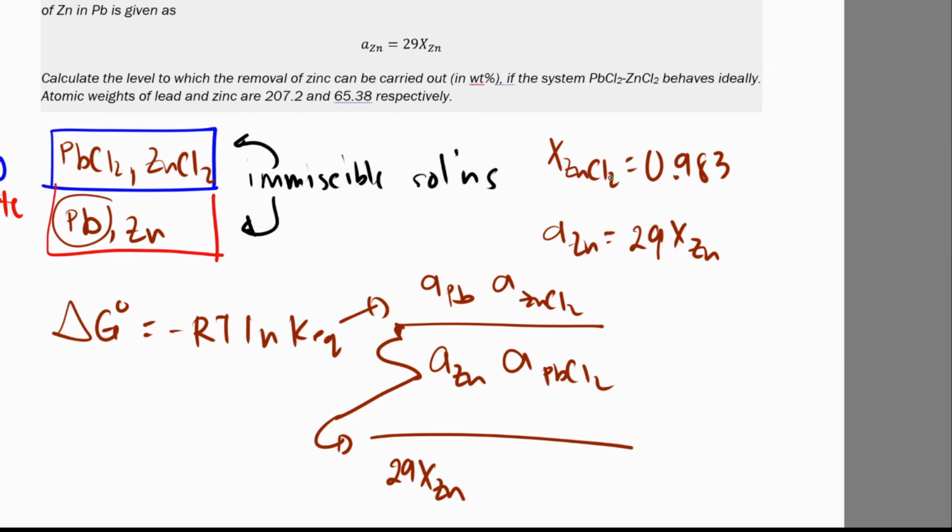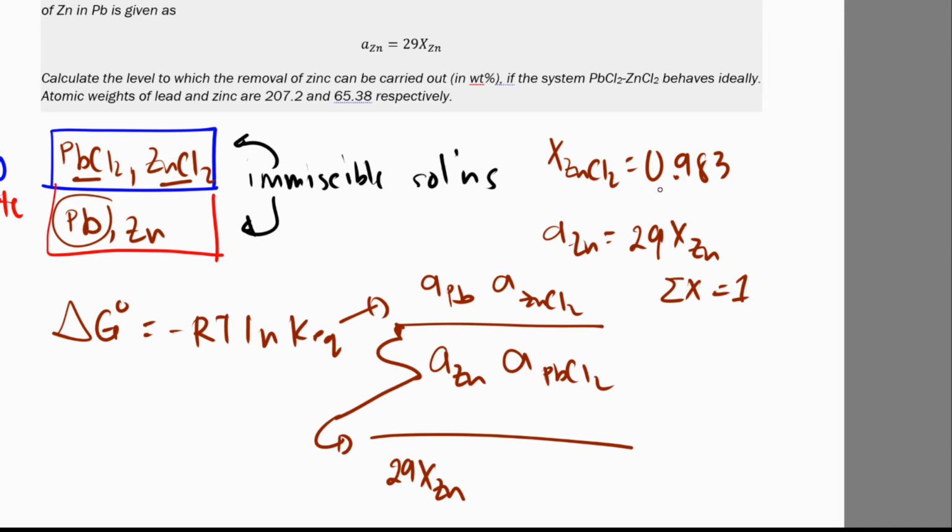This is mole fraction. For a solution, the total of the mole fractions should be equal to 1. In this case, this is the slag solution. In the slag solution, there are only two components, lead chloride and zinc chloride.